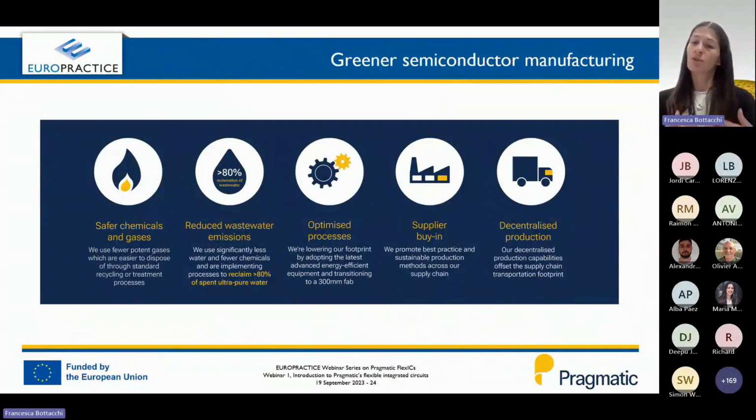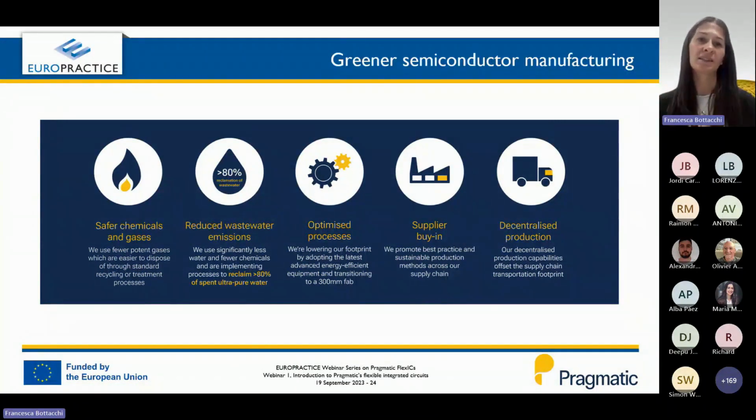For sustainability, we are proud to consider ourselves a greener semiconductor manufacturer, because of the materials and the process steps that we use.